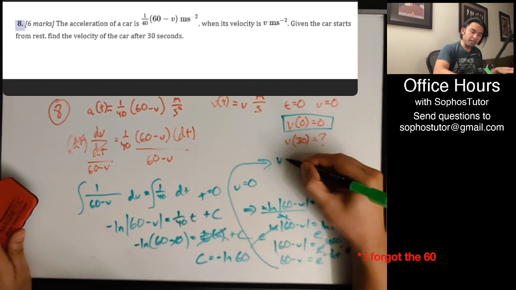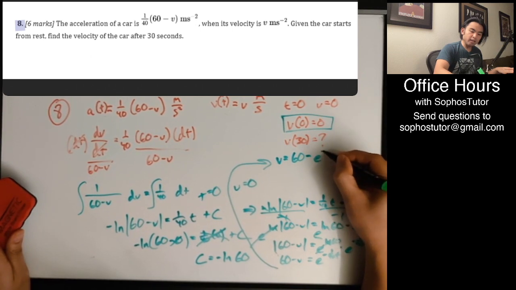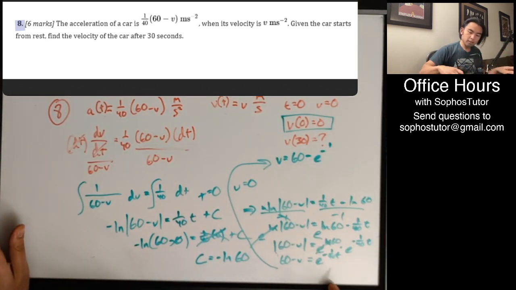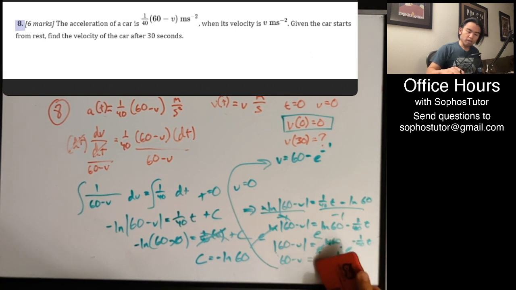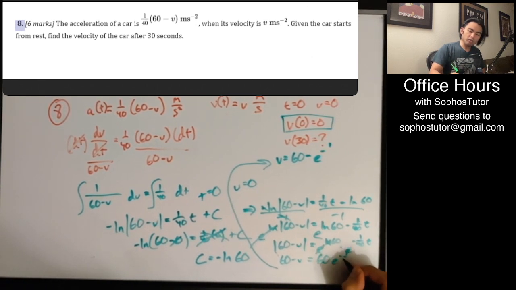Hold on. Totally forgot something. This should be 60 times e to the negative 1 over 40t.